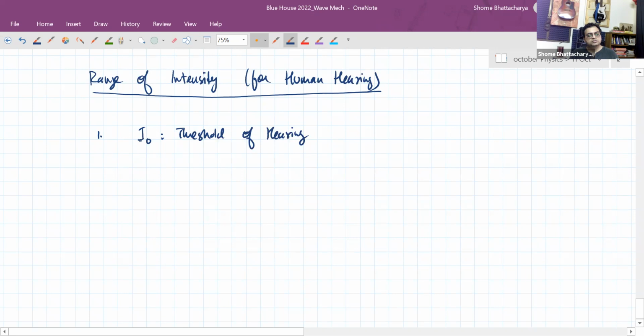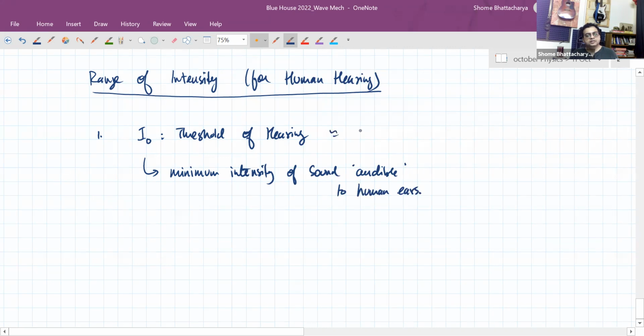This is the minimum intensity of sound audible to a human ear, and that is approximately 1 picowatt per meter square.